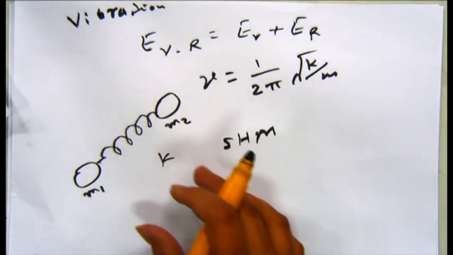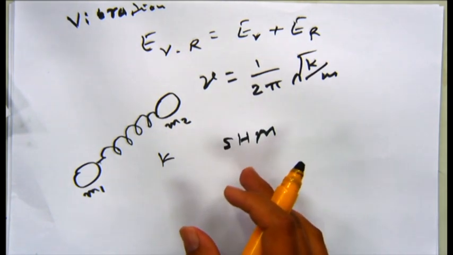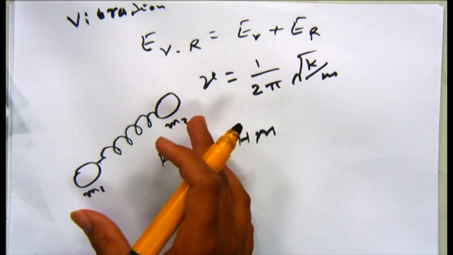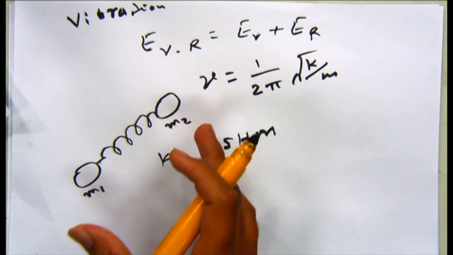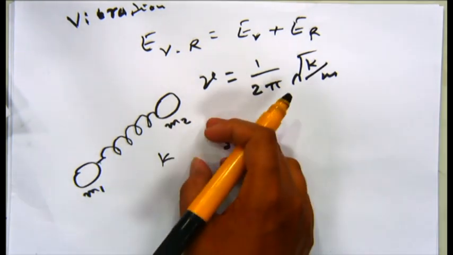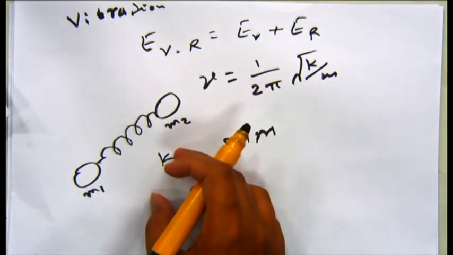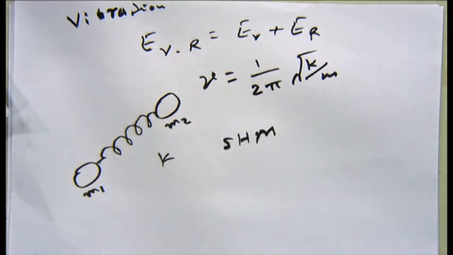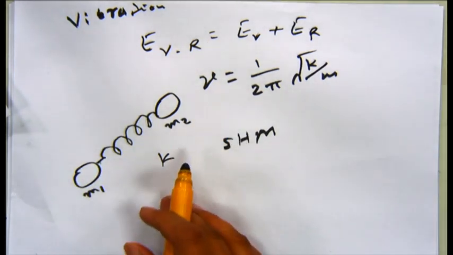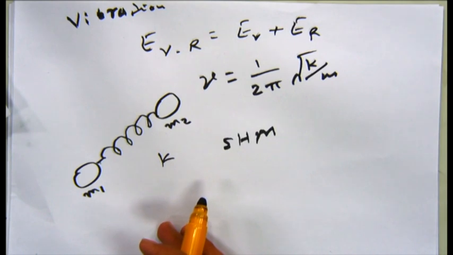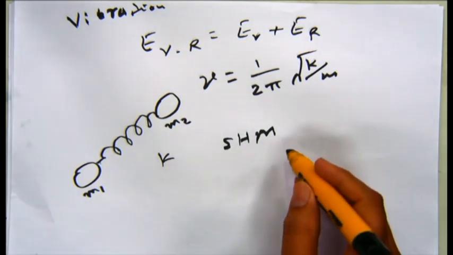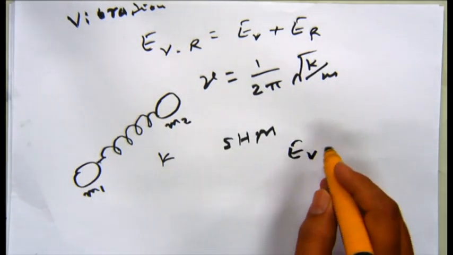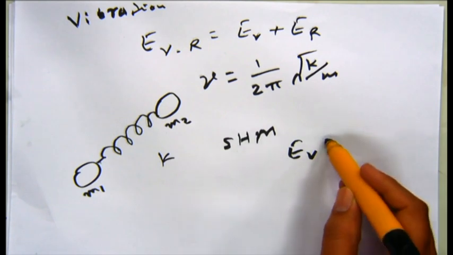So we are able to substitute the law which originates from the masses M1 and M2 and a spring, for the diatomic molecule.